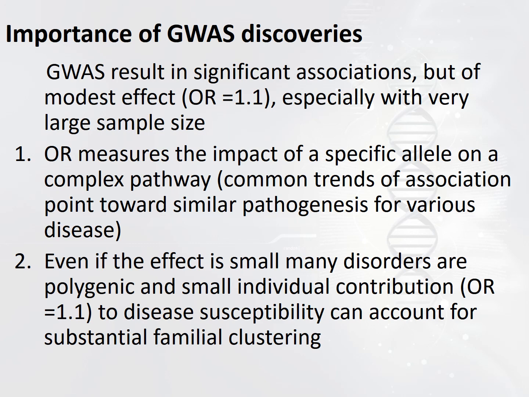A lot of different genome-wide association studies, looking at different autoimmune diseases, have discovered that the same genetic variant is associated with different types of autoimmune disease, meaning that there is a common pathway underlying all those different autoimmune diseases.